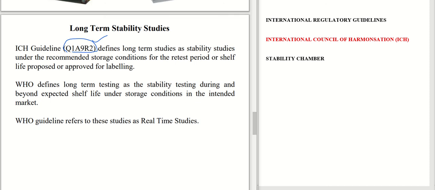Now, WHO defines long-term testing as real-time studies, because here the drug product is exposed to the normal storage conditions which are intended for the market.